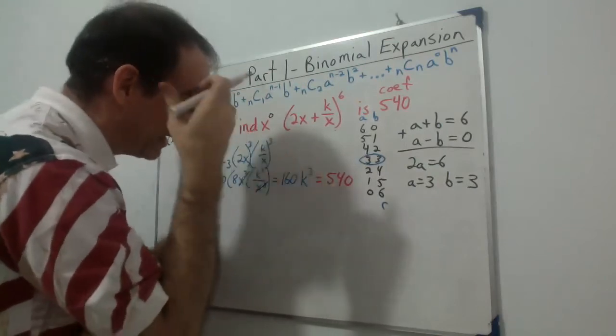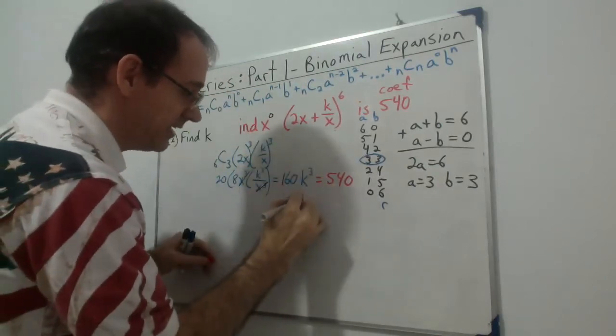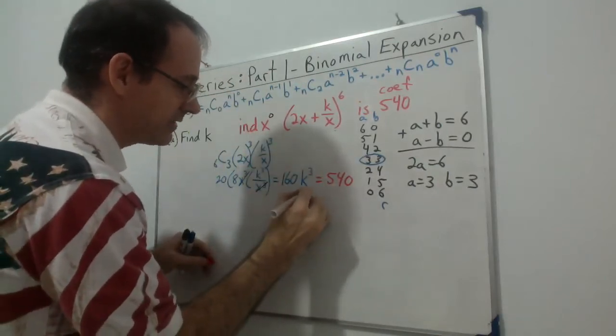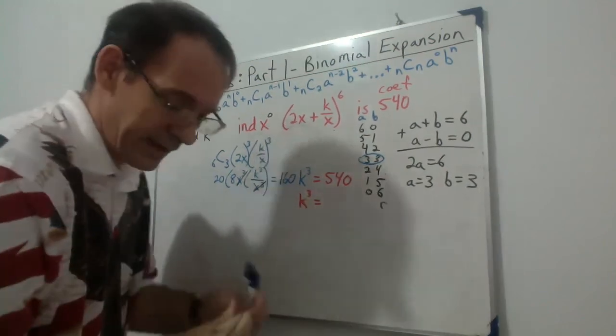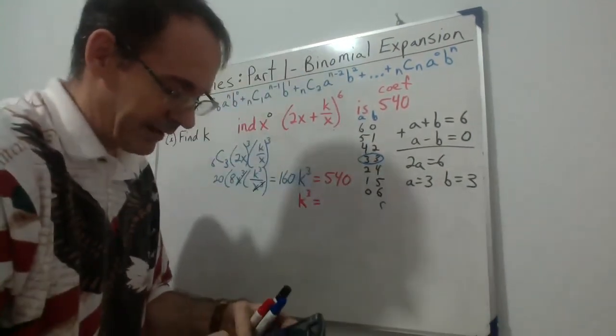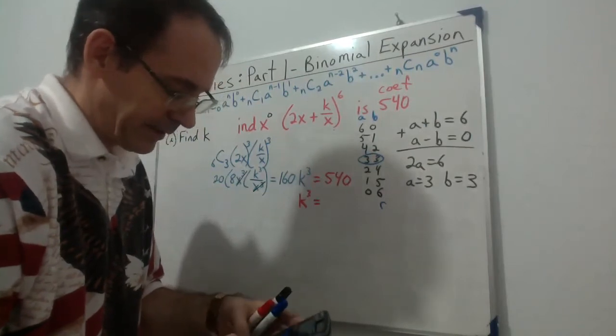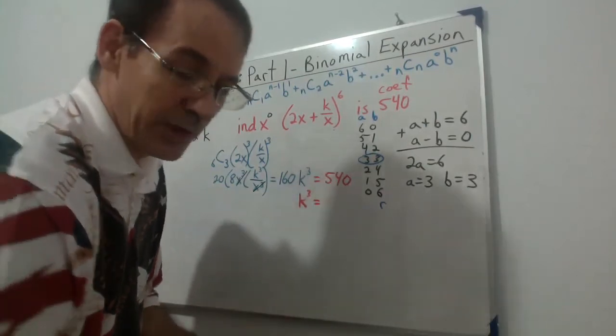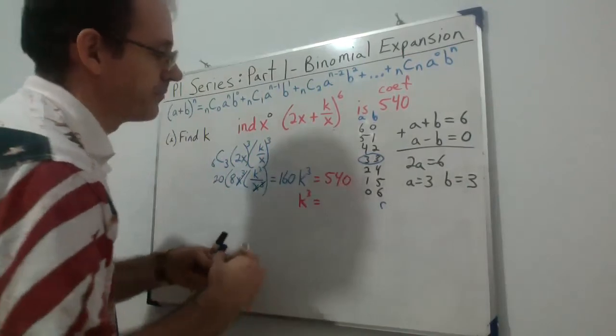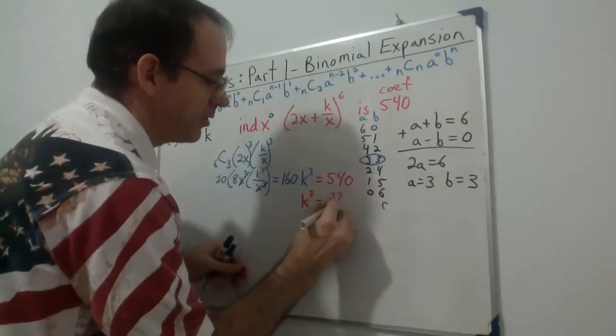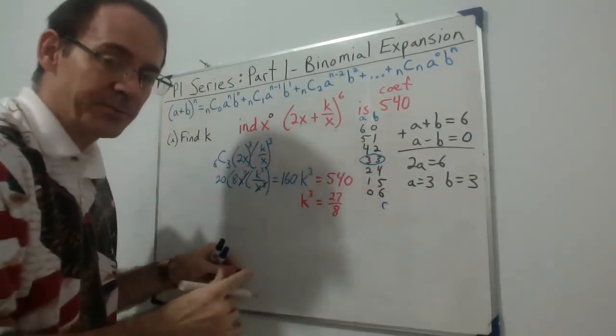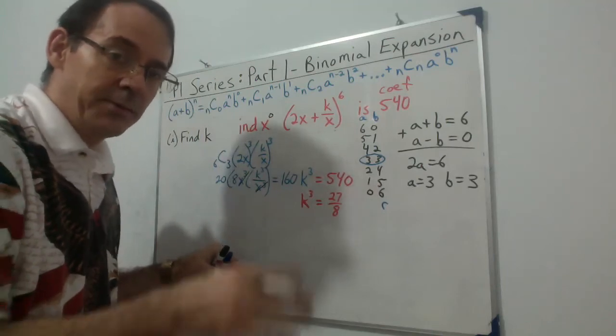So when we divide by 160, when you do 540 divided by 160 on your calculator, it gives you 27/8. If you got a decimal, don't put the decimal down, put the fraction.